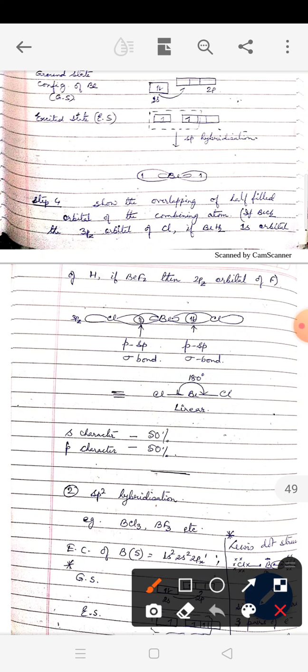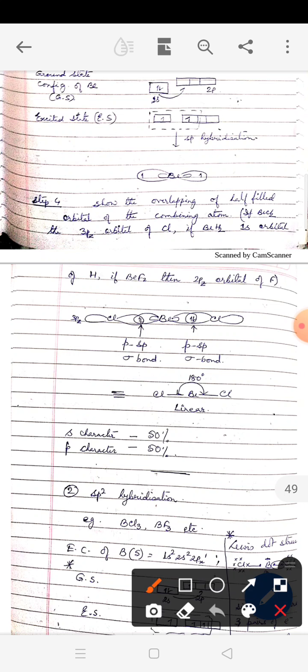The electron of chlorine comes with opposite spin and overlaps, and the bond forms at the point of overlapping. This bond is called a p-sp sigma bond. Why do you call it a p-sp sigma bond? Because it is the p orbital of chlorine and the sp hybrid orbital of beryllium forming a strong bond, a sigma bond.